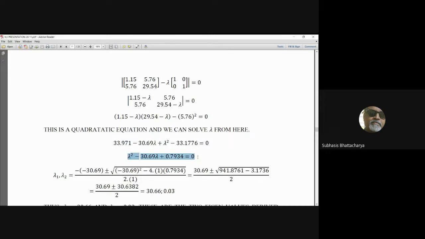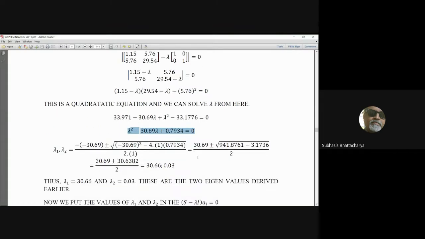Since this is a quadratic equation, it must have two roots, lambda 1 and lambda 2, and we can apply the formula minus b plus minus root over b square minus 4ac, divided by 2a. Applying this formula, I get lambda 1 as 30.66 and lambda 2 as 0.03.